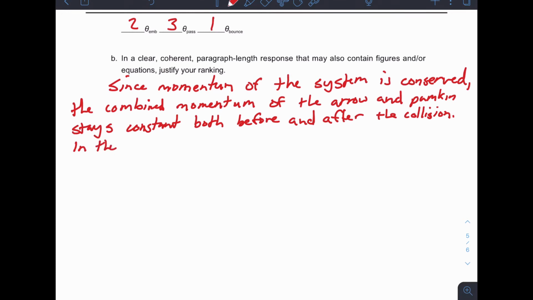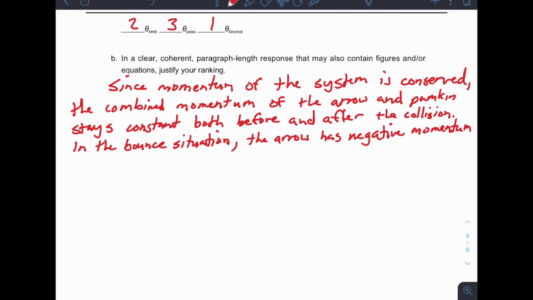In the bounce situation, the arrow has negative momentum because it changes direction.